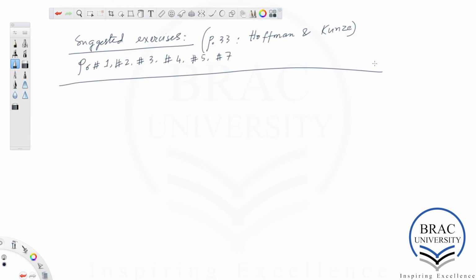All right, so I just try to solve one of the problems here, problem number 3. Problem number 3 asks me to find, so I'm given three vectors in C3.